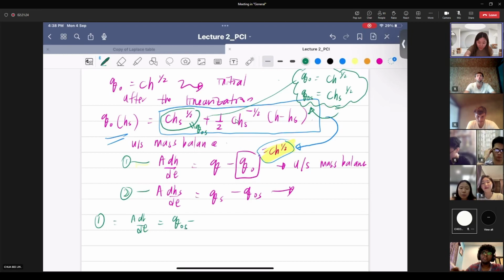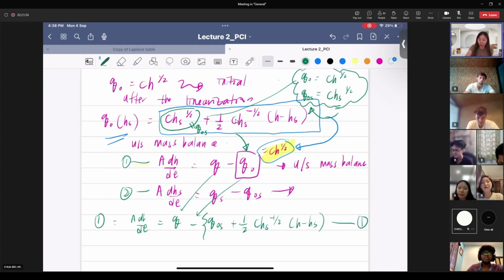So Q0_s, okay, this one, not this one, the next one. So these go down, so this whole thing will be minus, I put outside. So substitute this one to here: Q0_s plus 1/2 C h_s^(-1/2) (h minus h_s). So this will be my new equation 1.